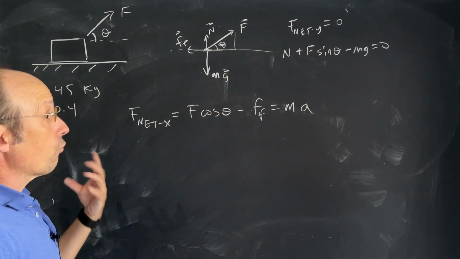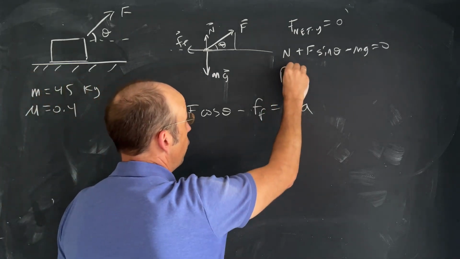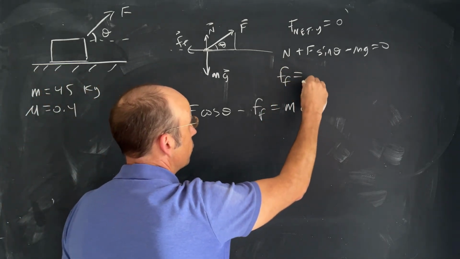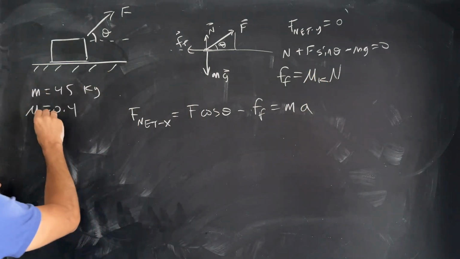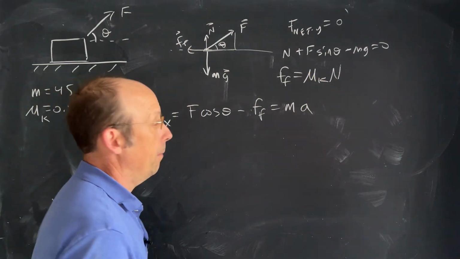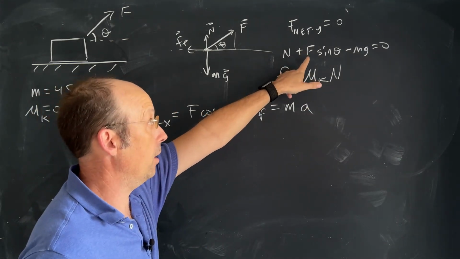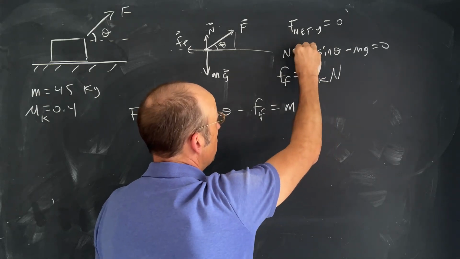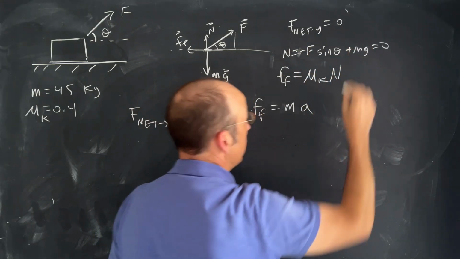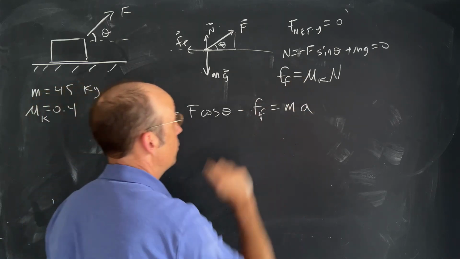Our frictional force model says that the frictional force, the magnitude, is going to be equal to the coefficient of kinetic friction times the normal force. That's kinetic, because it's sliding. So if I know the normal force, which I can get up here, which is just going to be equal to negative, plus. Yep, and then I substitute that in down there.